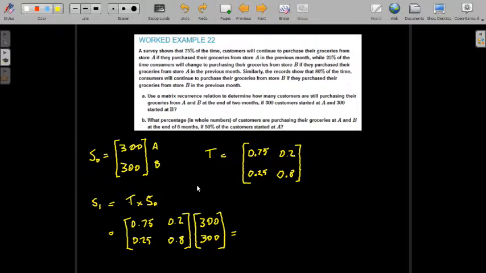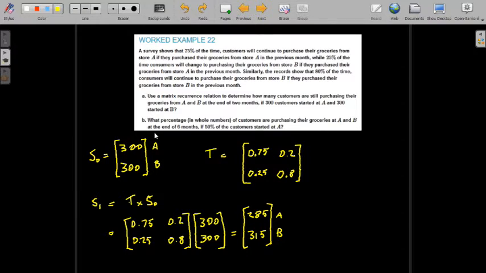Probably use our CAS, and we should get these two. Okay, so we've got 285 people shopping at A the next month and 315 shopping at B.